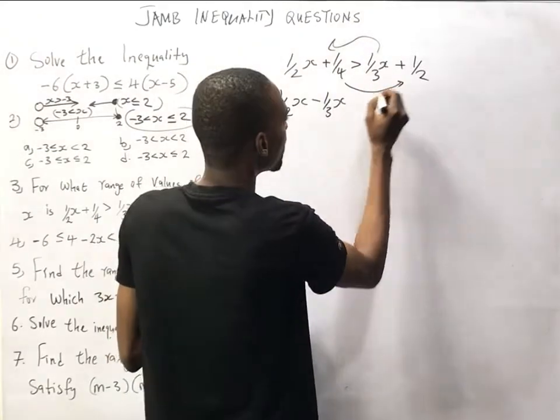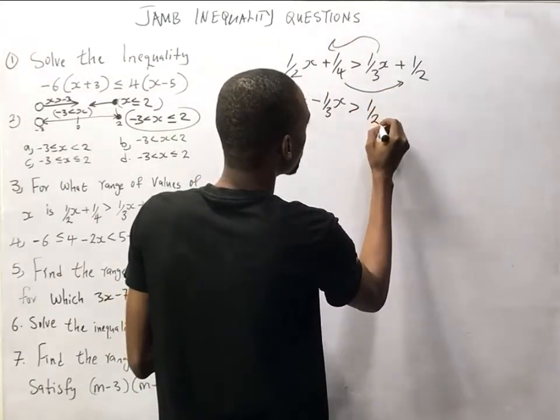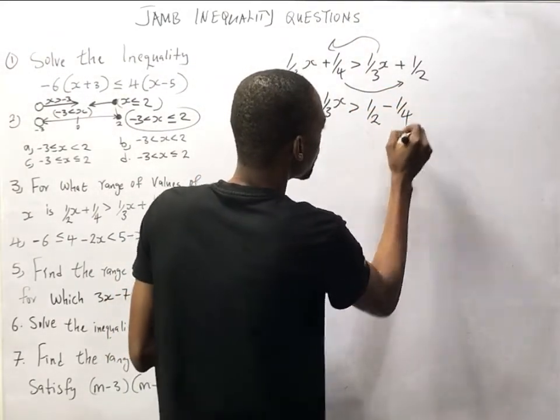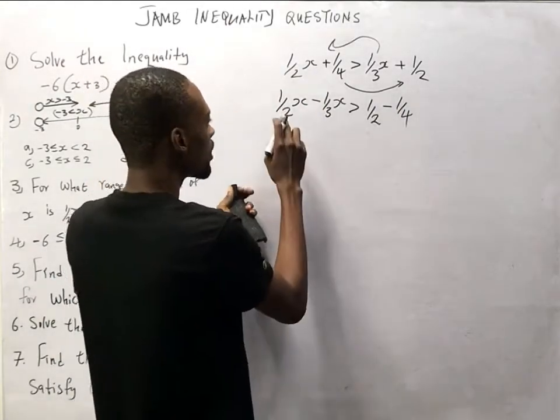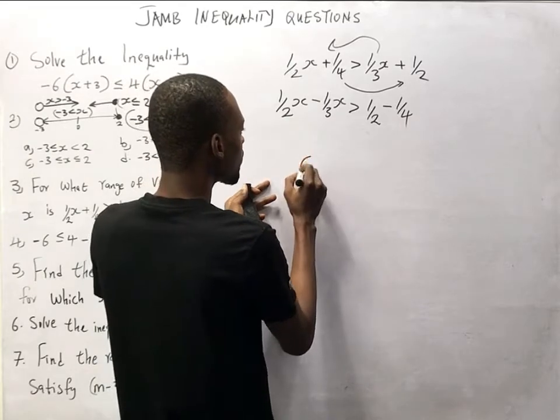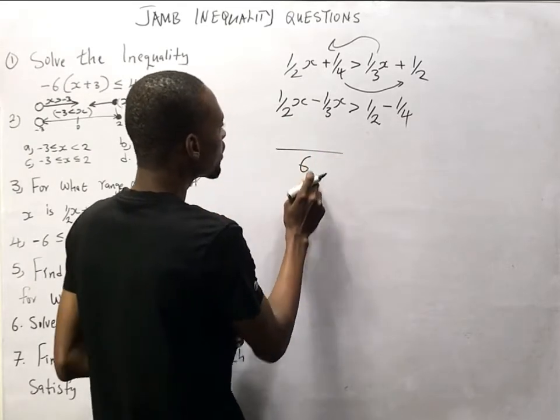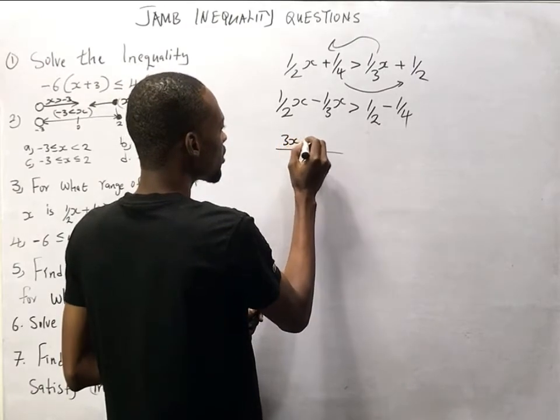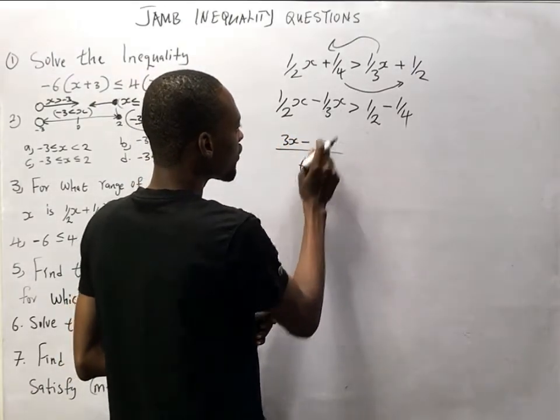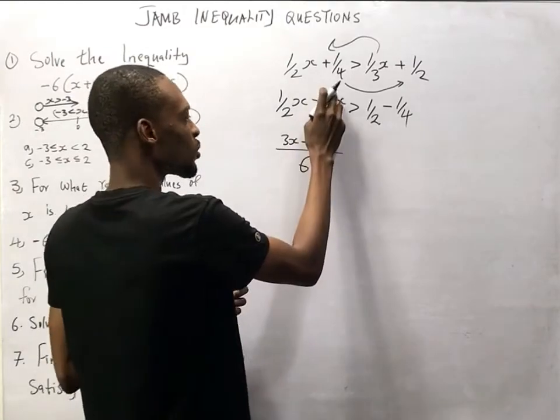So taking this guy there, we have 1 over 2s minus 1 over 4. The next thing we do is look for LCM. The LCM of 2 and 3 is 6. So this becomes 6 divided by 2 is 3. 3 times 1 is 3. So here is 3s minus 6 divided by 3 is 2. 2 times 1 is 2.